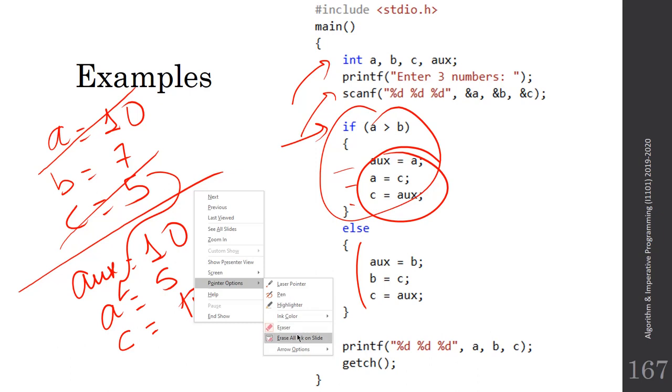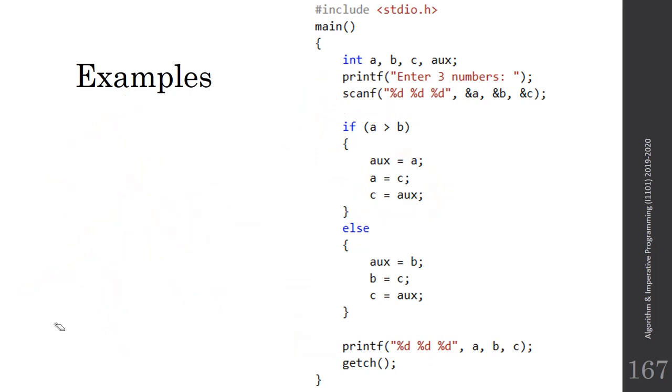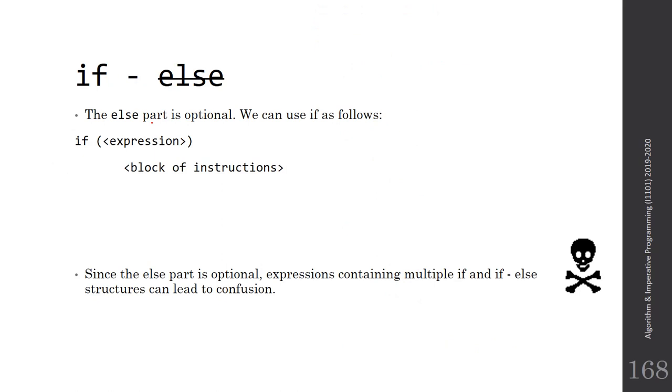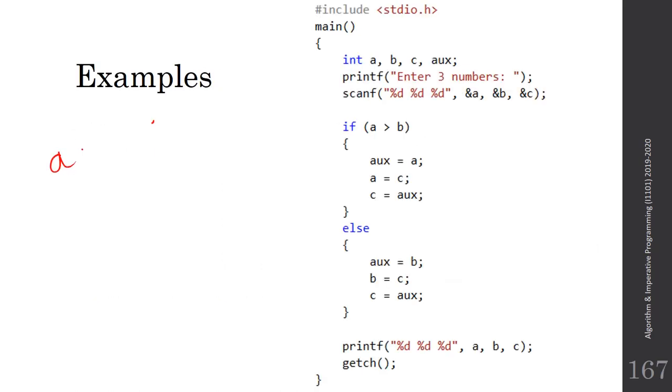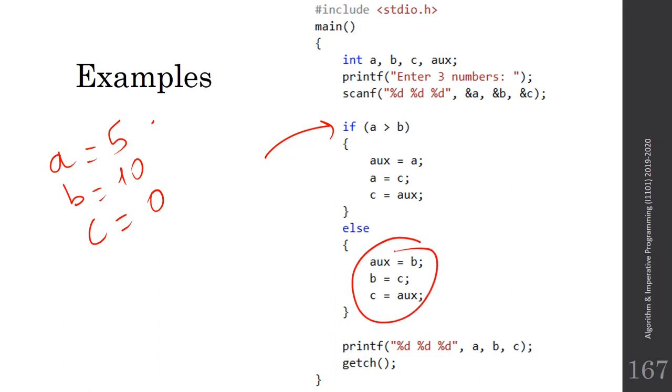So let's take an example where we execute the second part. Let's take a is equal to 5, b is equal to 10, and c is equal to 0. So we are here. Is a greater than b? No. So I will execute block 2.